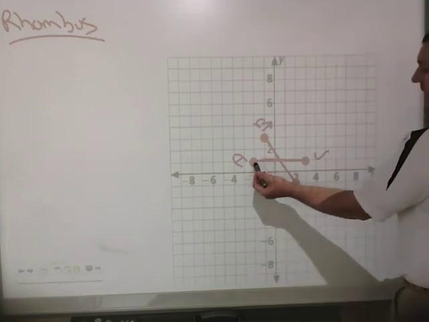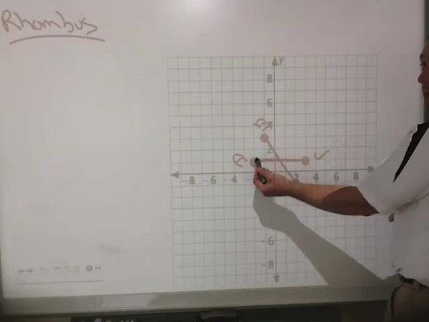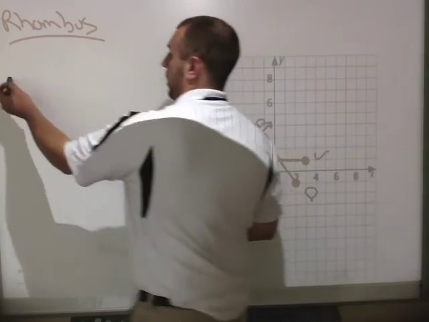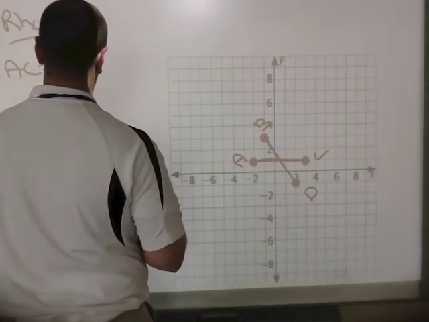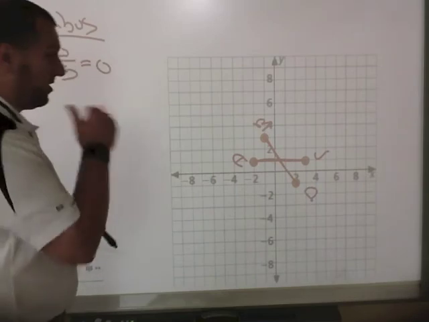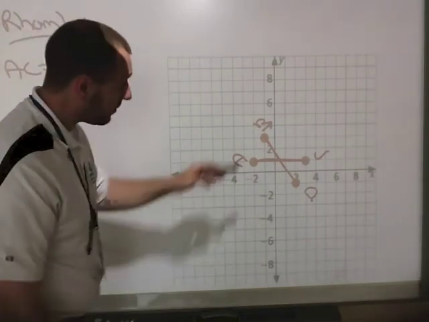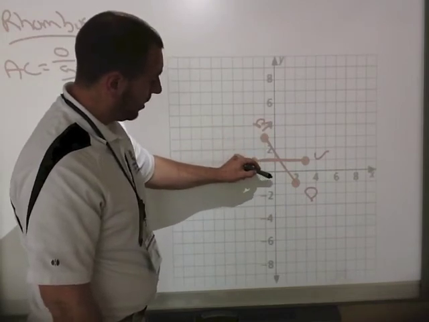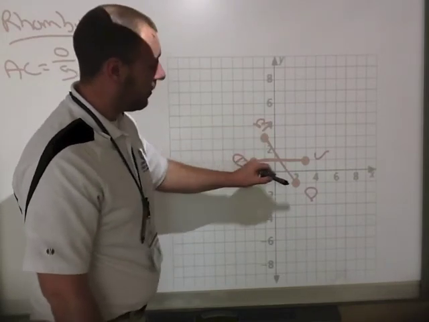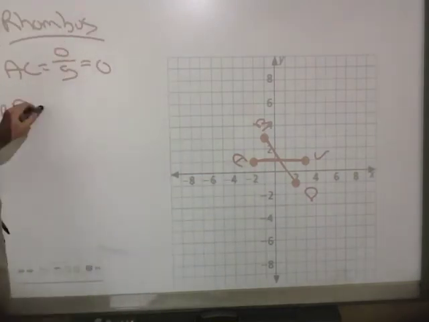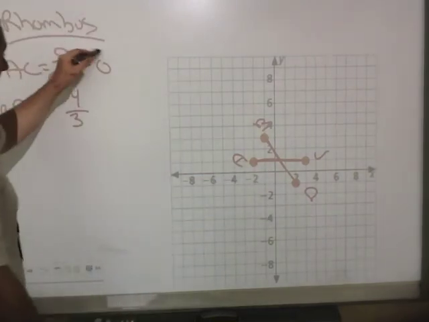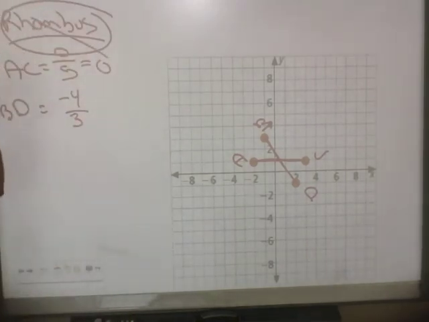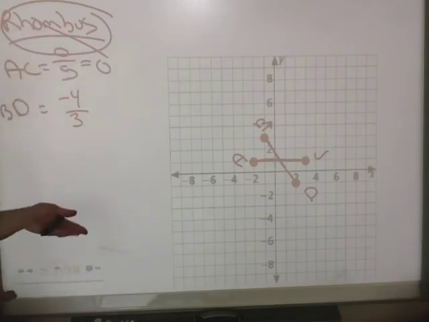A to C, I'm going up nothing, so that's 0 over 1, 2, 3, 4, 5. So the slope is 0 over 5, which is 0, meaning it's a horizontal line. B to D, I can count 1, 2, 3, 4, 1, 2, 3. So down 4 over 3. These are not opposite reciprocals. So rhombus is out. That means if it's not a rhombus, it's also not a square.